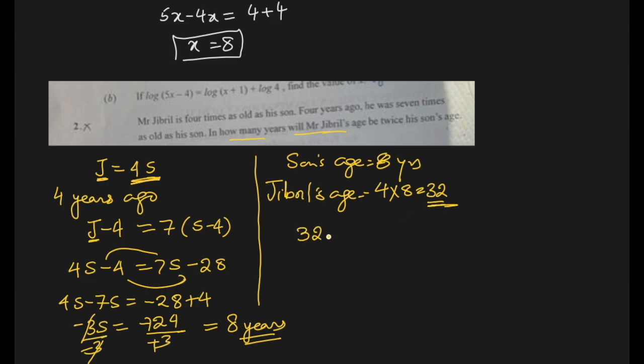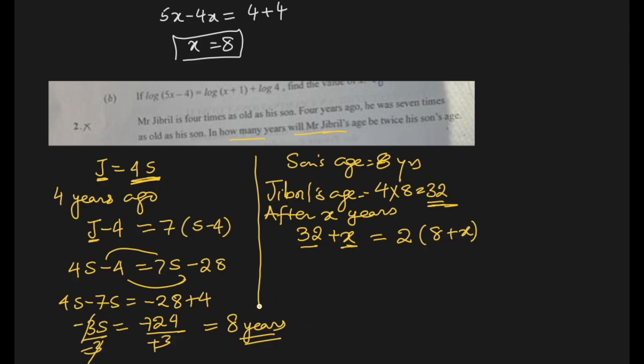So let's say after x years. Okay, it will be double. So 32 plus x, he's 32 right now. X years later, his age will be 32 plus x. Will be twice his son's age, which is 8 plus x, right?